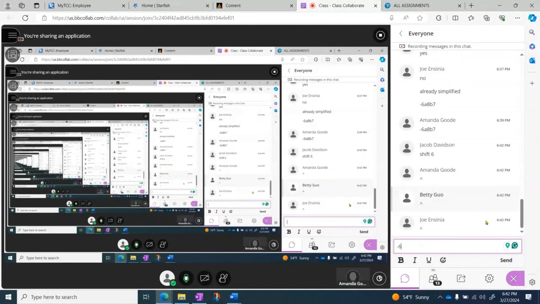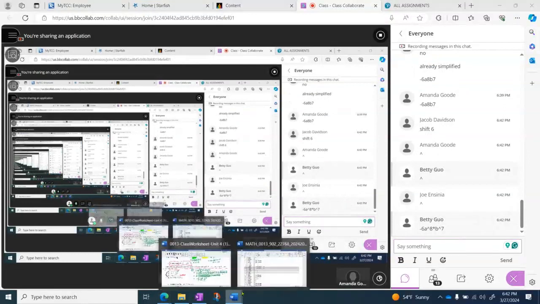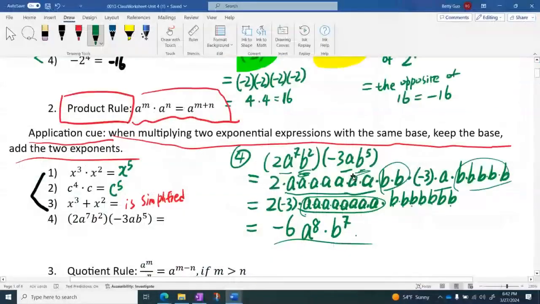If you really have to type without the mathematical editor, you would have to write -6, a to the power shift 6, 8, and b to the power. Sometimes it's better to write a multiplication symbol here, times b, shift 6, 7. Like that. Yeah, but I know you understand that. Very good. So that's the first method.